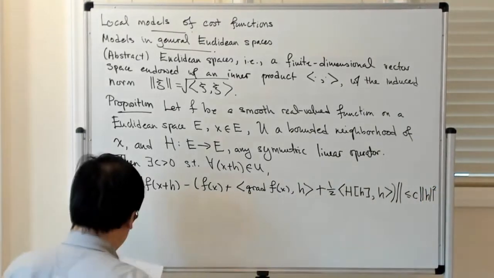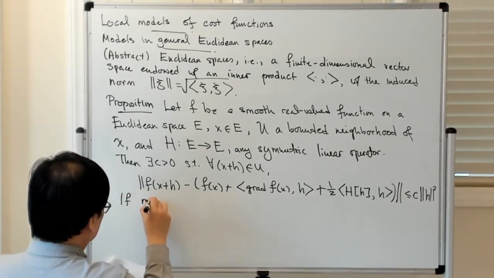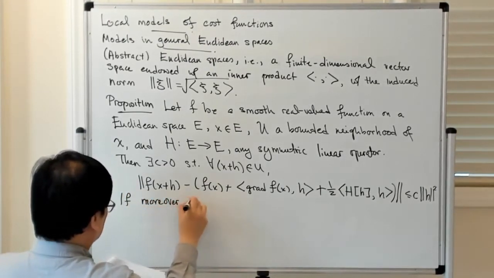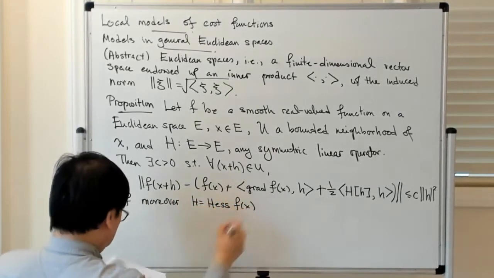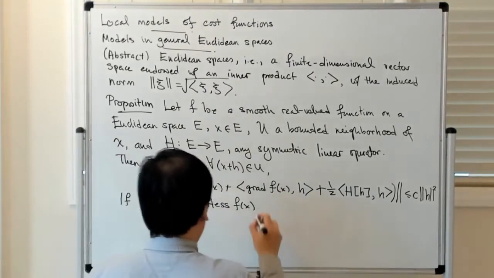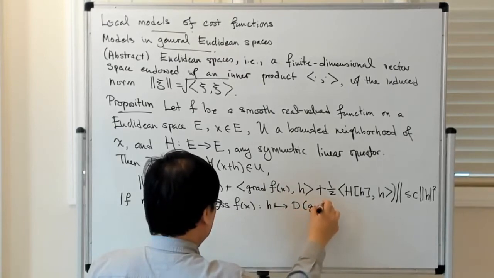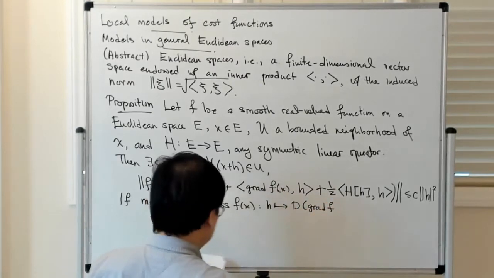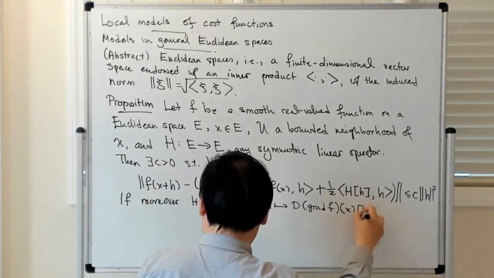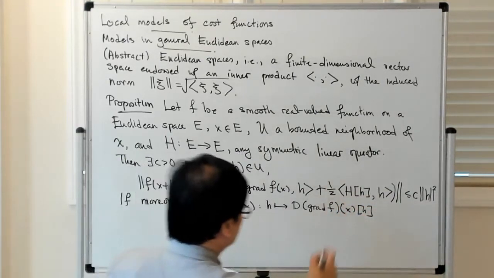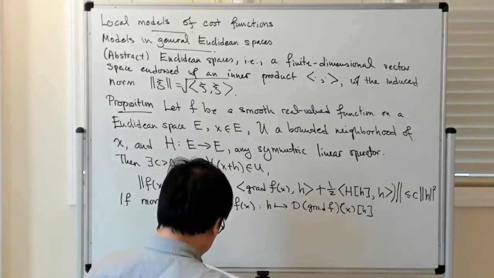All right, and then if, moreover, H is the Hessian of f at x, which is a map from h to the derivative of the gradient of f at x in the direction h. Again, you want to think of this as a linear map from h to this object.